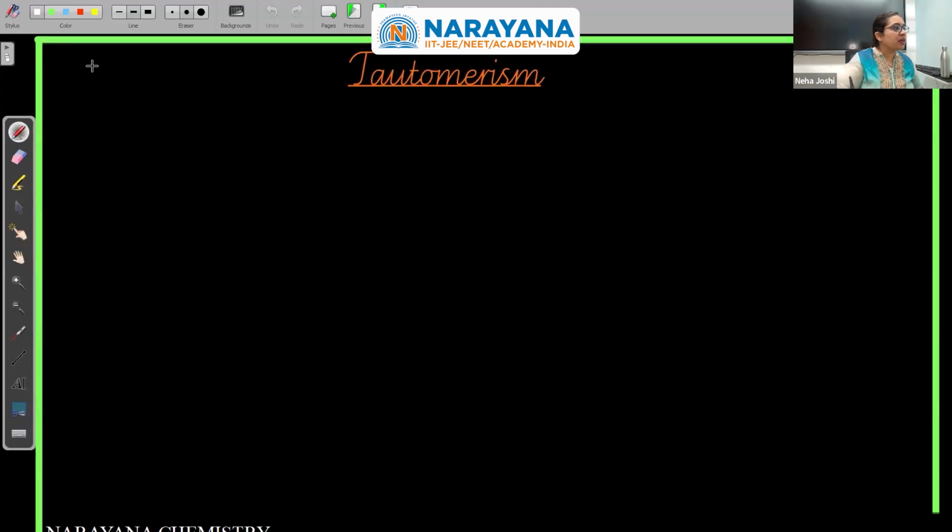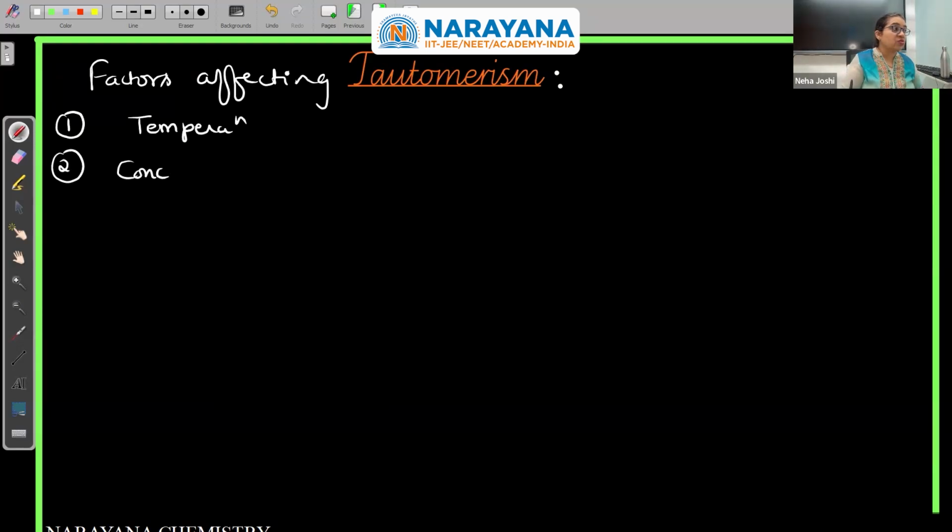Now, factors affecting tautomerism. What are the factors which affect tautomerism? First factor, as it is an equilibrium, of course, temperature. Second, concentration. Concentration of molecules sometimes, I will not say always, can affect, because some of the keto can form a micelle, as in surface chemistry, and they club together and change the concentration.